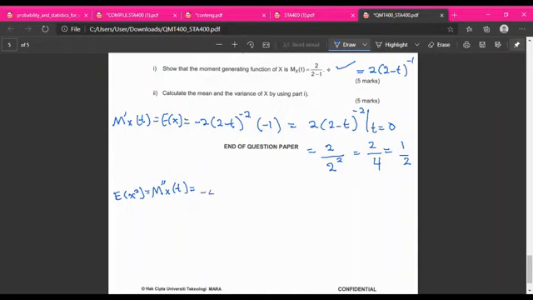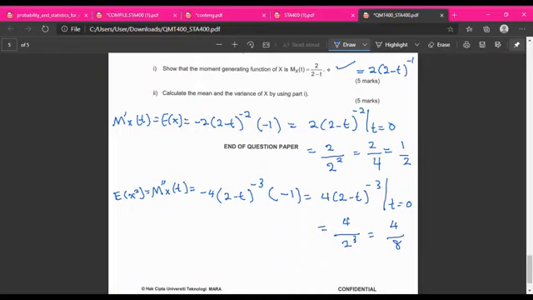So, it will be negative 4, 2 minus t, power of negative 3 multiply negative 1. Then you akan dapat 4, 2 minus t, power of negative 3. Then replacekan t with 0. Then you akan dapat 4 over 2 power of 3. So it will be 4 over 8, right? Which is 1 over 2 juga.